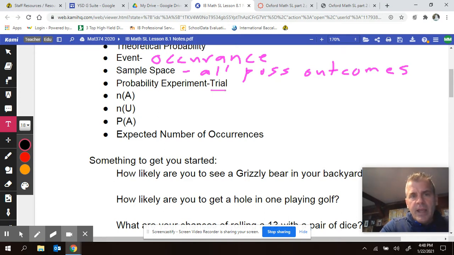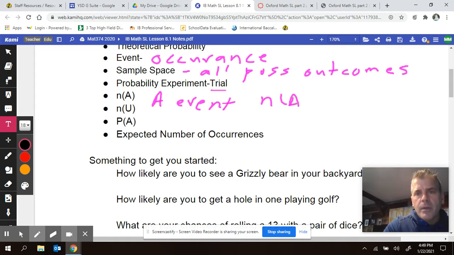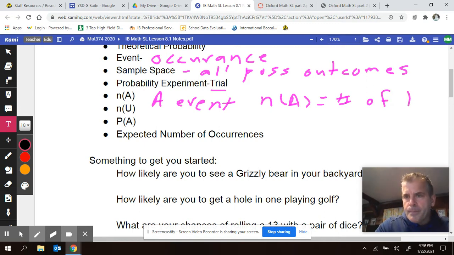All right, so N of A means, so A is your event. So let's just define that. A is the event. And so when we say N of A, it means the number of times the outcome happens.